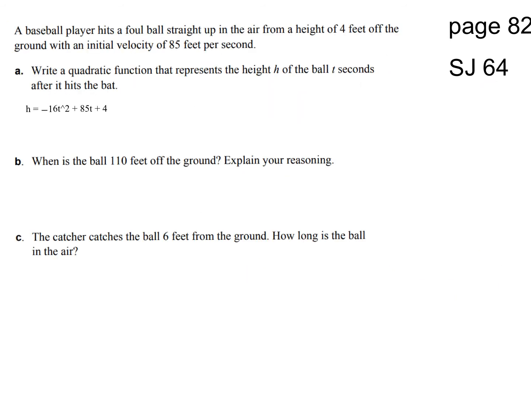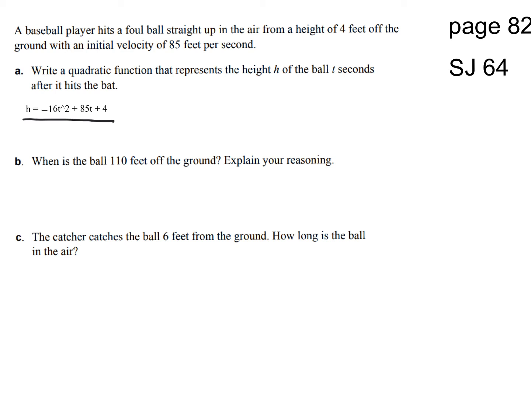Let's see what's next. Next, we're going to answer this word problem. A baseball player hits a foul ball straight up in the air from a height of 4 feet off the ground with an initial velocity of 85 feet per second. From that, we're supposed to come up with the quadratic function, and I've given you that quadratic function.